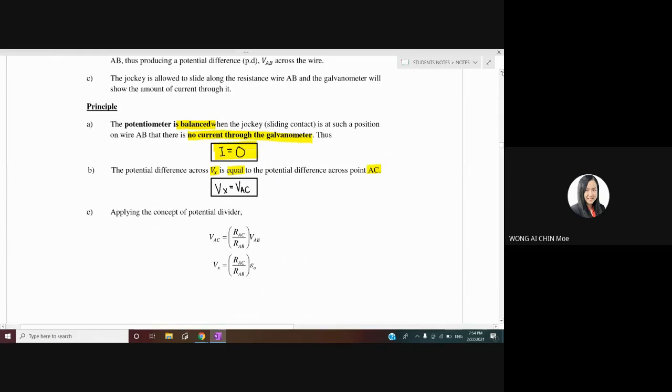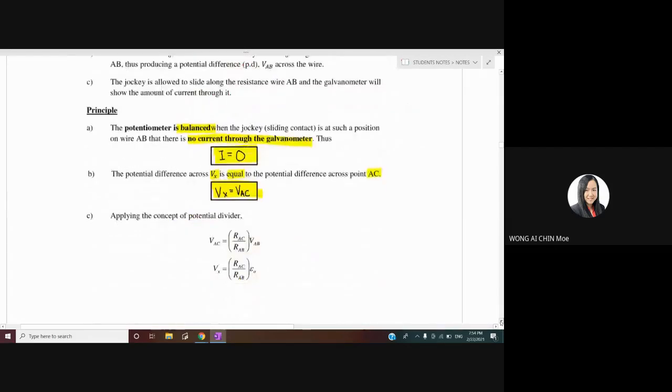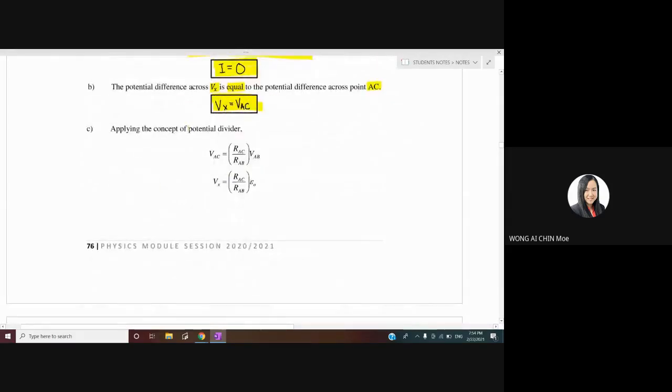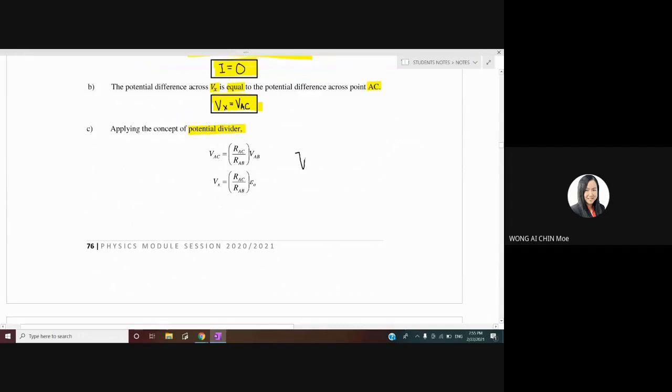So when the galvanometer equals 0, your Vx is equal to the potential difference VAC across A to C. Applying a potential divider, we know that V is directly proportional to our resistor.